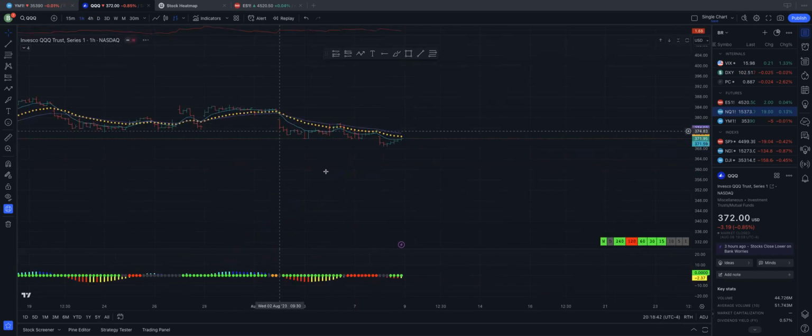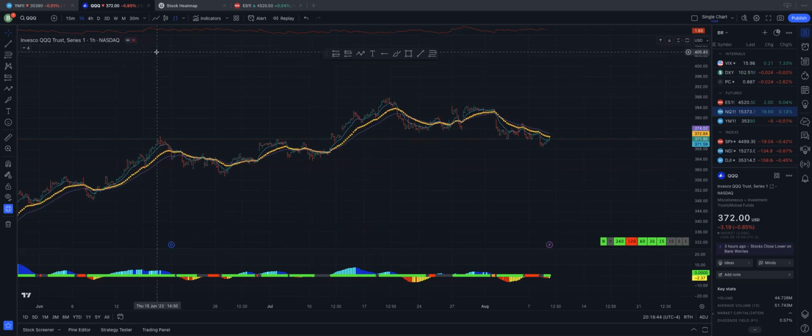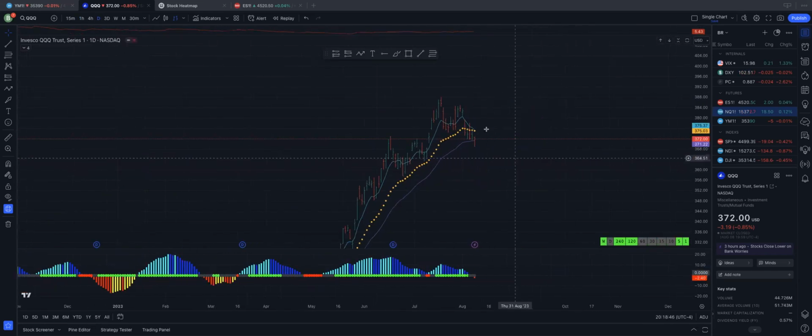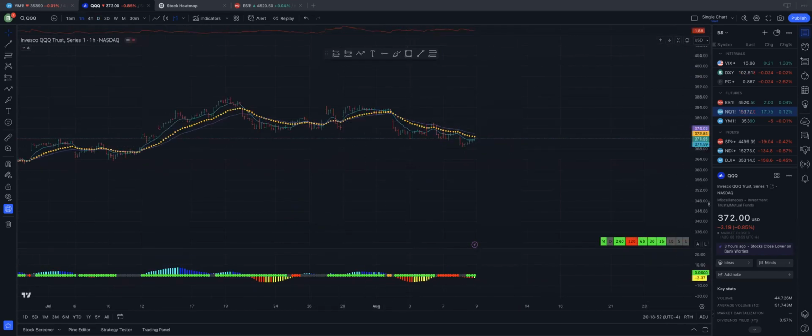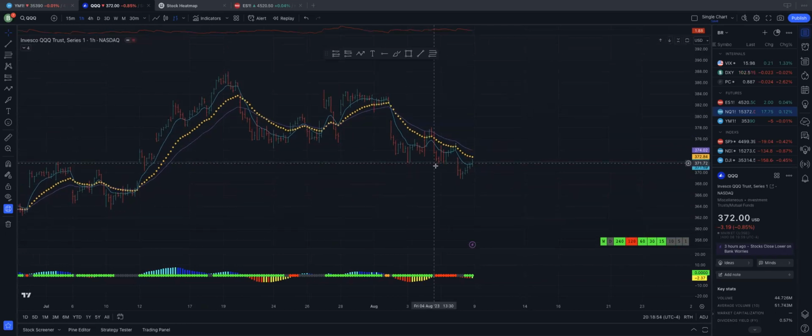I would wait for the hourly unless the 8 crosses below the 34 on the daily time frame. I'm still going to be looking for this to come back above and these moving averages to stack back positive to go long and buy calls.